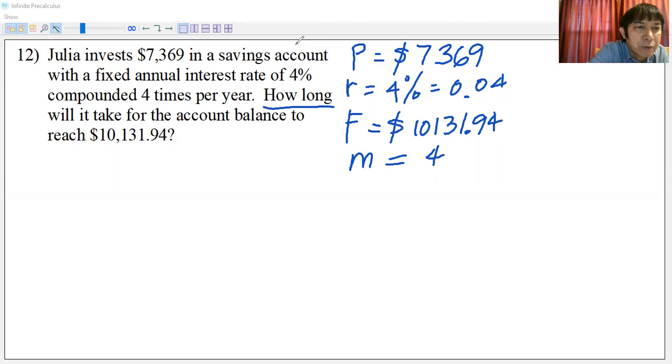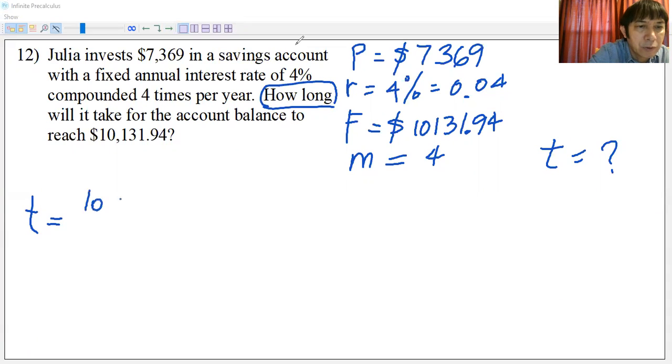Okay, let's use the formula. We're looking for time, okay? How long will it take for the account balance to reach $10,131.94? And that formula is the one we derived a while ago.